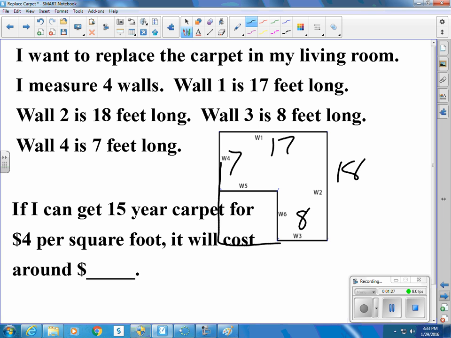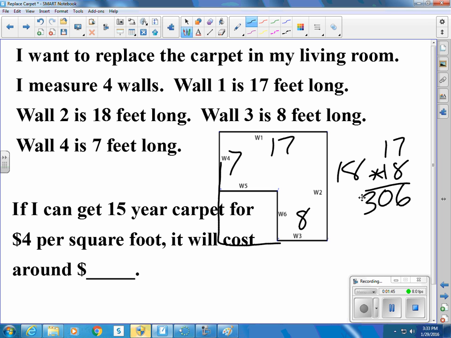So I can find out what 17 times 18 is. So that equals 306 square feet. But there's that piece missing, so we need to find out how big that piece is.